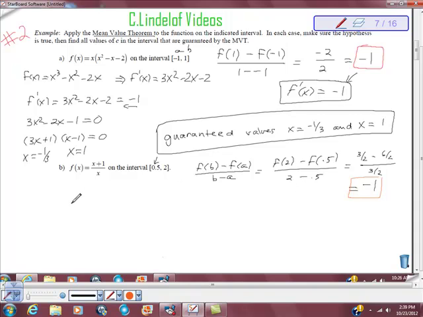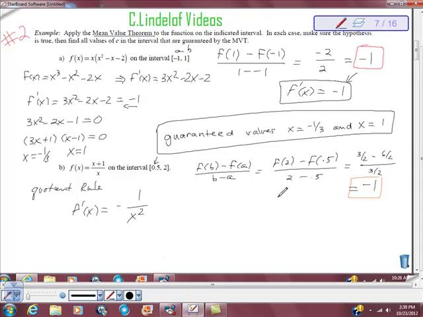So from here, we're supposed to take the derivative of the function, and I actually did that on the side. I used the quotient rule, so hopefully you were able to use the quotient rule. This is not what I'd be writing to my AP reader, but I did use the quotient rule here. As I simplified it, I found that f prime of x was equal to the opposite of 1 over x squared.